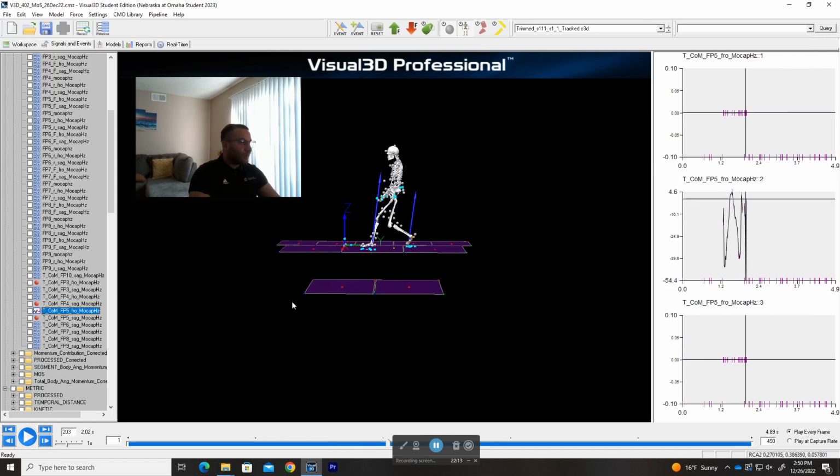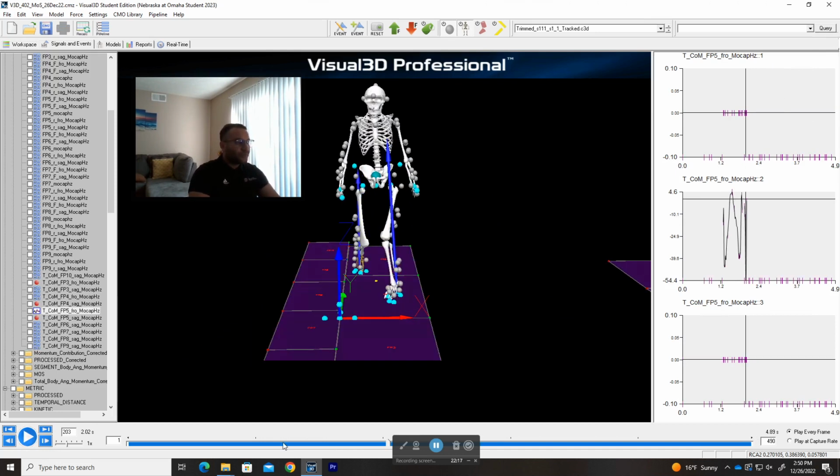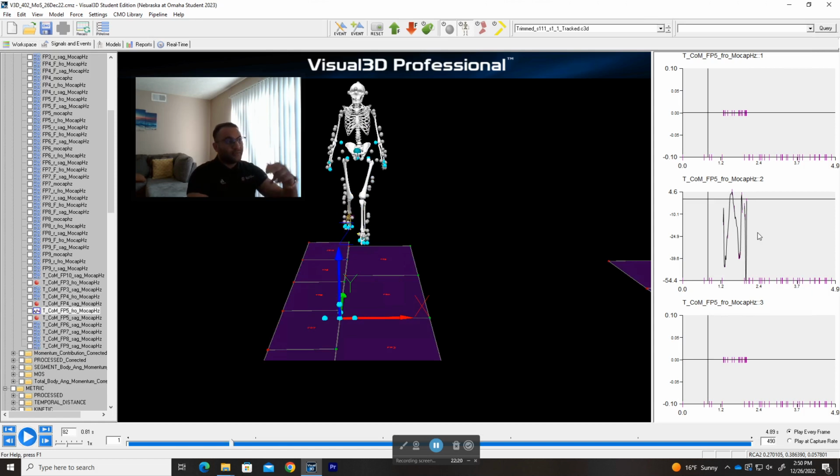So when you look at the frontal plane and you look at it from this way, and again, because we took the cross product between the x and z, we get the results in the y-axis here.